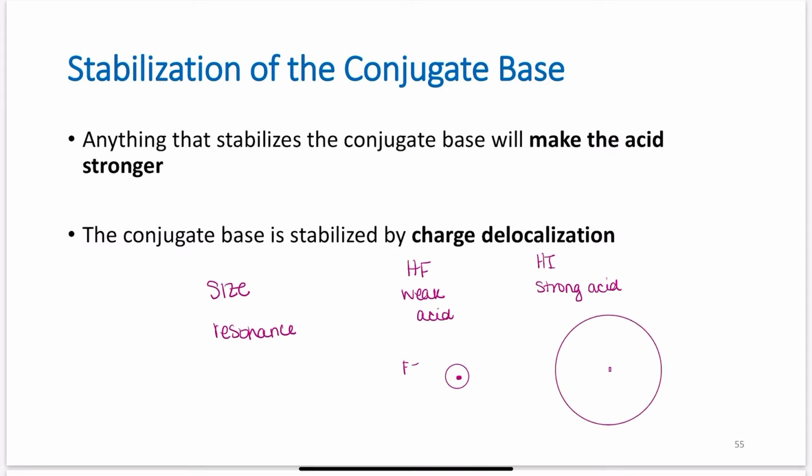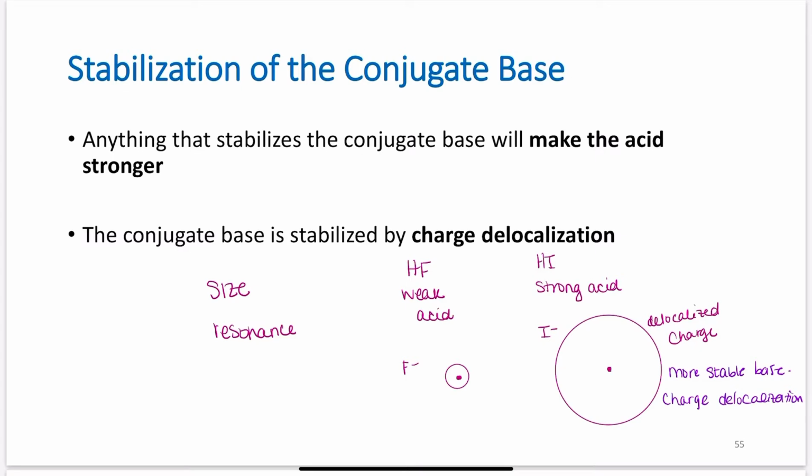I have delocalized that negative charge. It's a more stable base because of charge delocalization. F minus is weaker because it's not as stabilized.